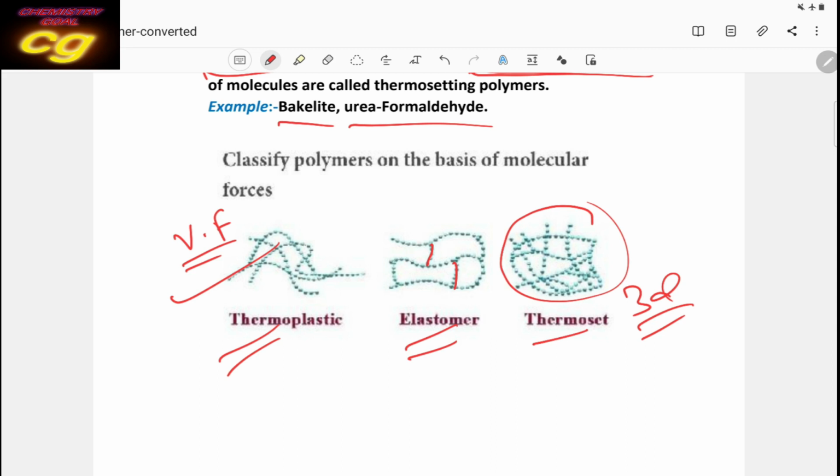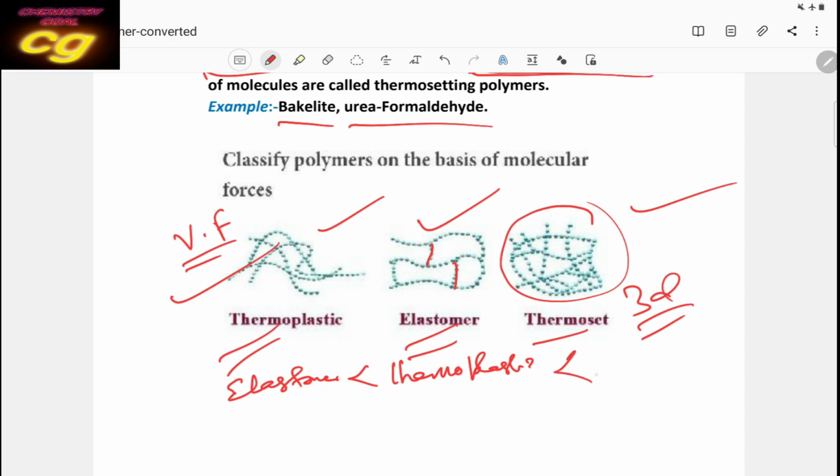We can write the order like this: elastomers, then thermoplastic, then fiber, then thermosetting.